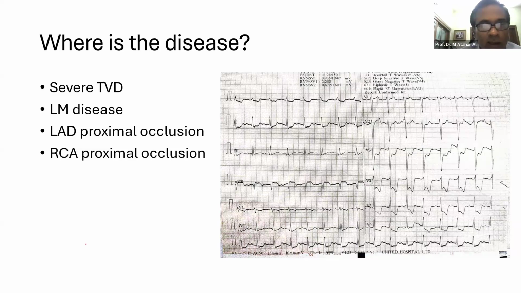There are global ST-T changes with ST elevation in aVR. These all suggest either left main disease. Maximum in favor of severe TVD, and left main disease few, 33%, and also LAD proximal disease. No one answered about RCA proximal occlusion.